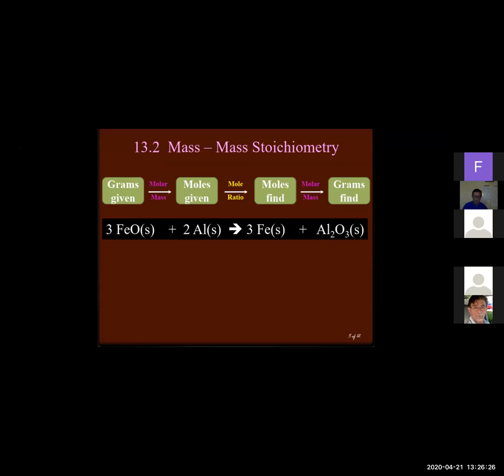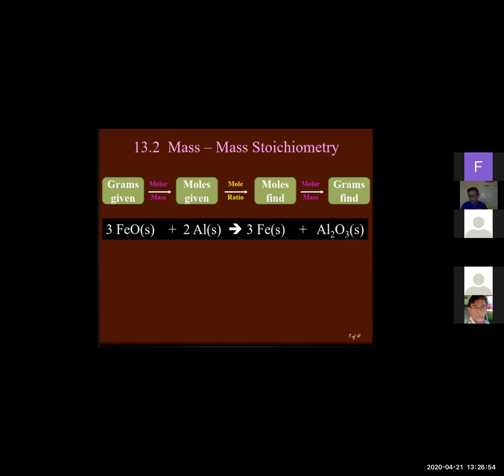In this example, we have iron(II) oxide reacting with aluminum to give us iron and aluminum oxide. Does this look like a single replacement reaction?